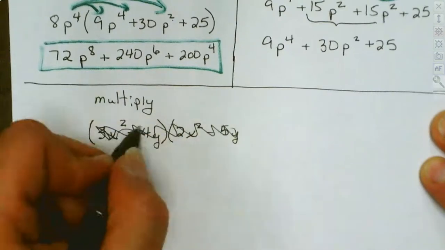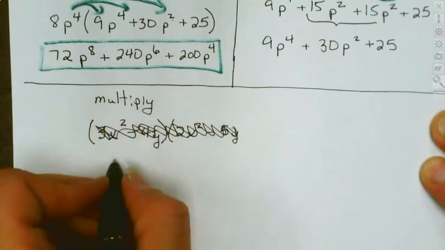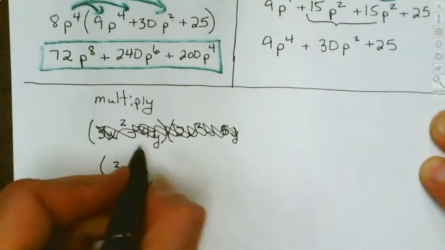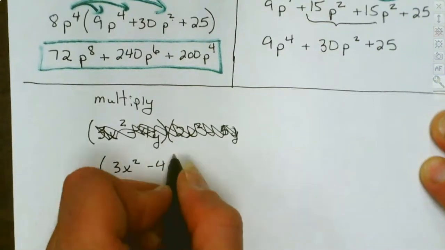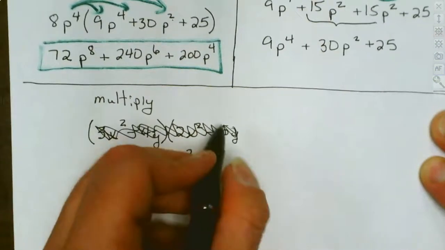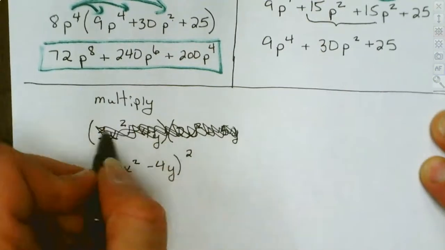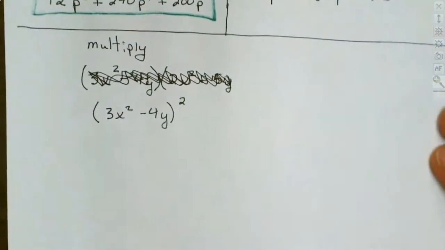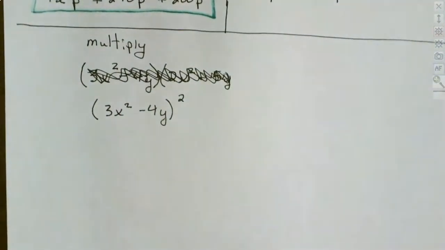Let me write one that works right. We're looking at the wrong part here. Let's write this as 3x squared minus 4y squared. Sorry about that. Trying to create a different problem here. That's what we're going to work with. Now this one has different powers, different variables. We've got 2 variables. That's why I picked this one.